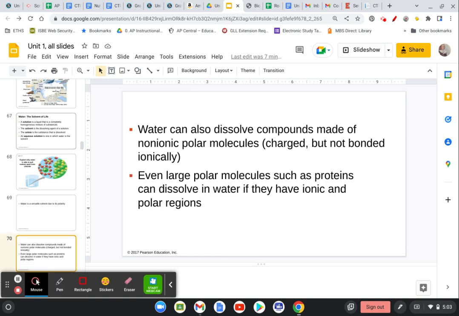All right. So water can dissolve compounds that are made of non-ionic polar molecules. They can do charged molecules, but not ones that are ionically bonded. Even larger polar molecules, such as proteins, can dissolve in water if they have ionic and polar regions. Okay.